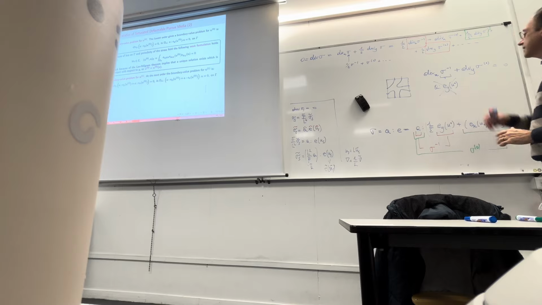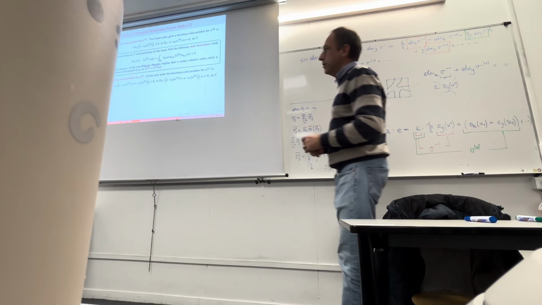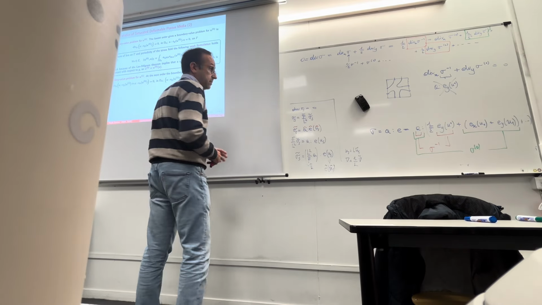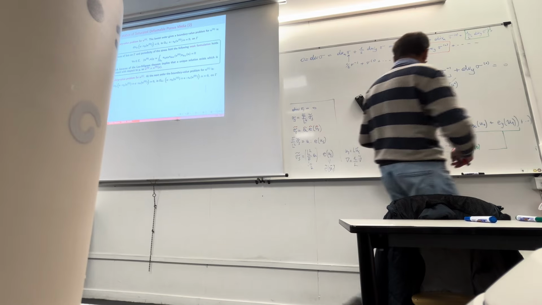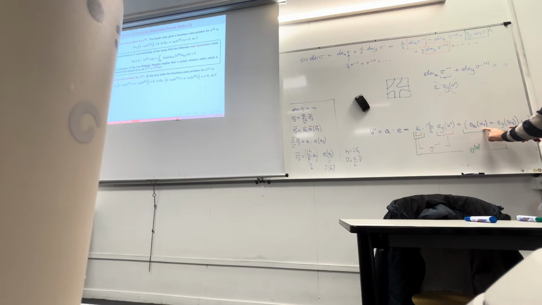So what remains is the divergence y of sigma naught. And sigma naught is A gradient x of U naught plus gradient y of U1.